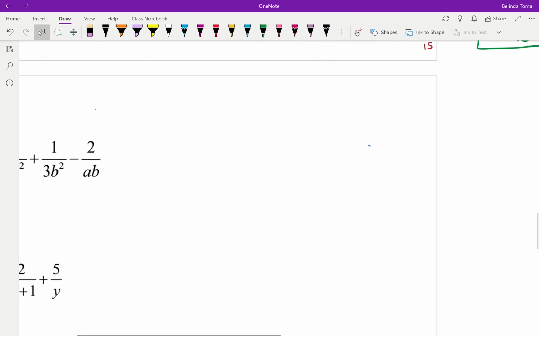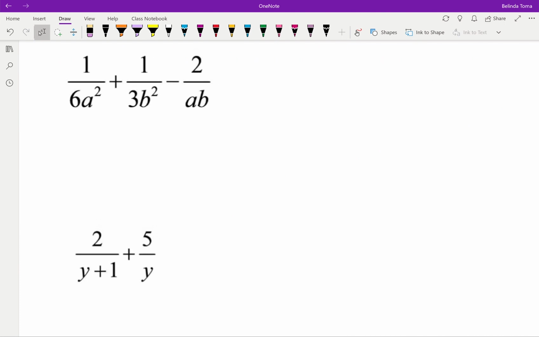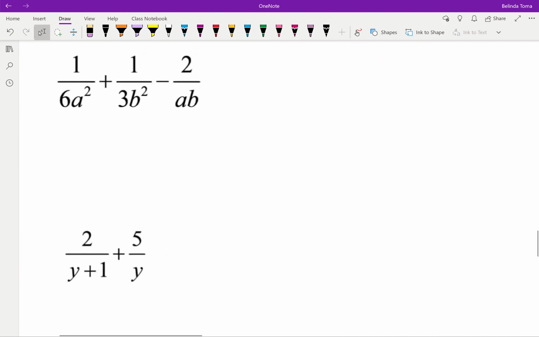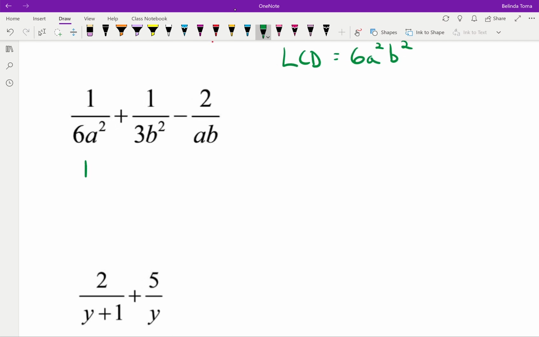So if we scroll to our next example, we again have another monomial example. And our LCD here is going to be 6a squared b squared. So we're going to think about what's missing from each fraction. So I'm just going to, again, rewrite, leaving room in front of each of these.